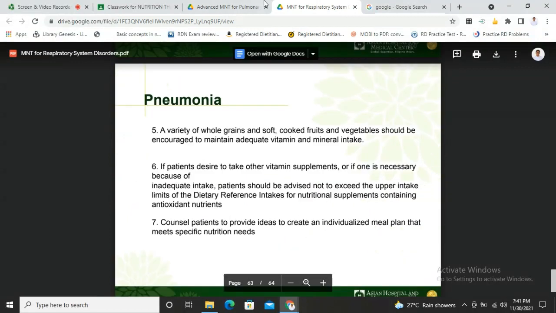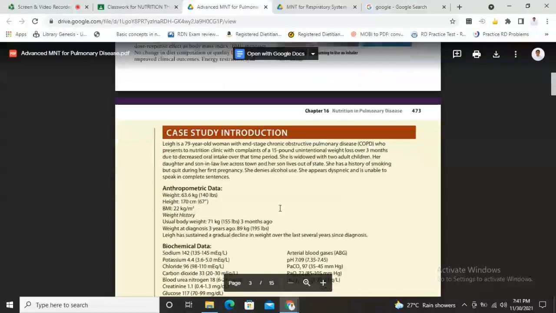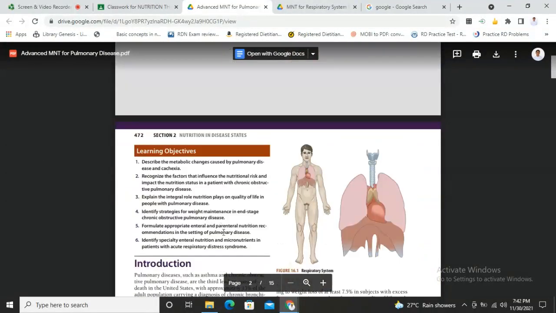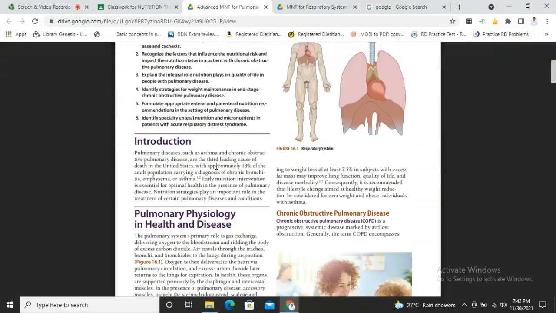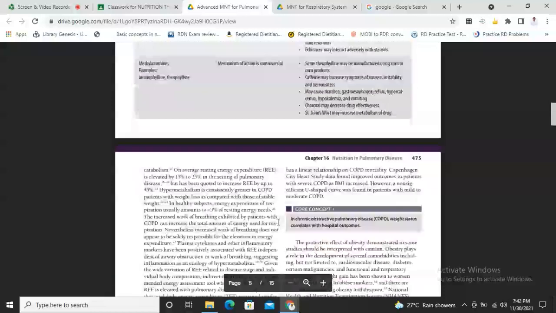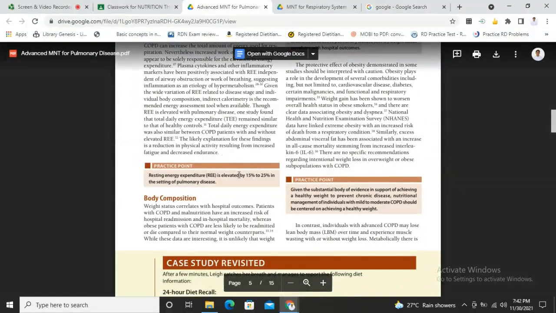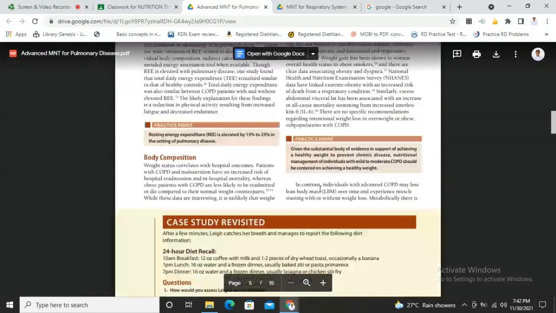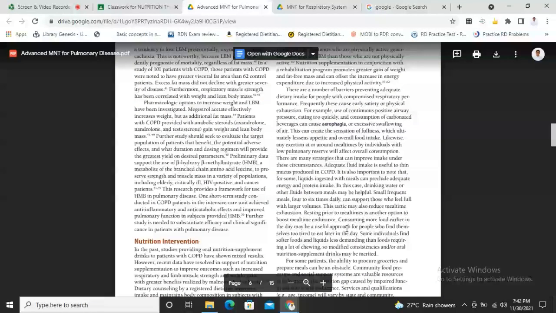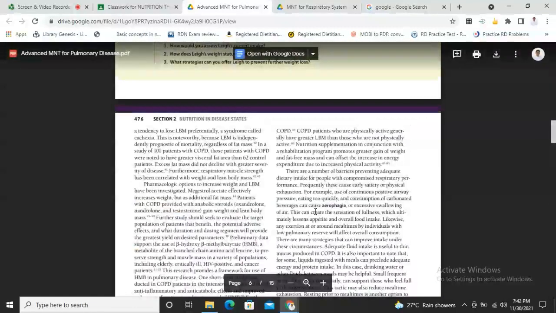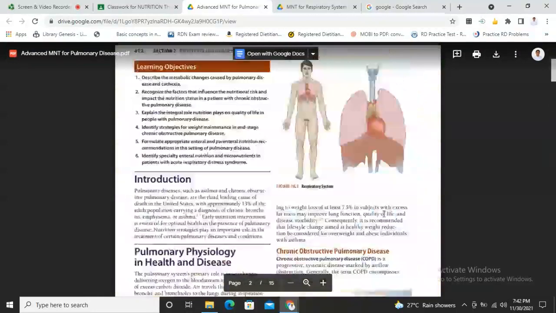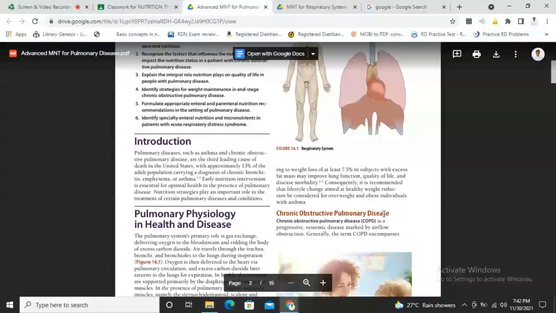Actually, the content here is similar to what we discussed. The bottom line is the same, but I would like you to read this on your own, so that you don't just keep listening to me and your reading skills also improve. It should be easy to understand since most of this was already discussed, like aerophagia, and how important it is to deal with cachexia, since these patients are usually cachectic.